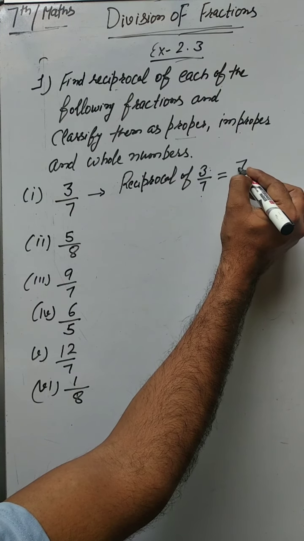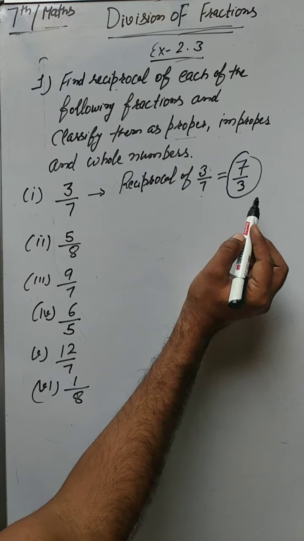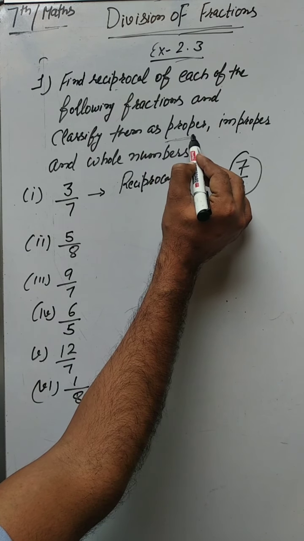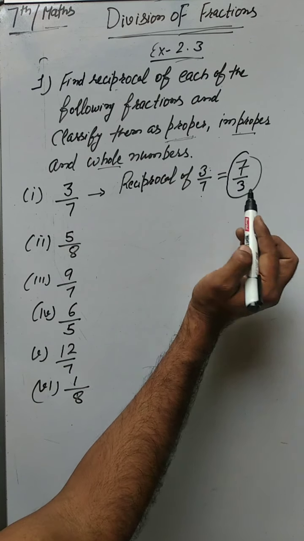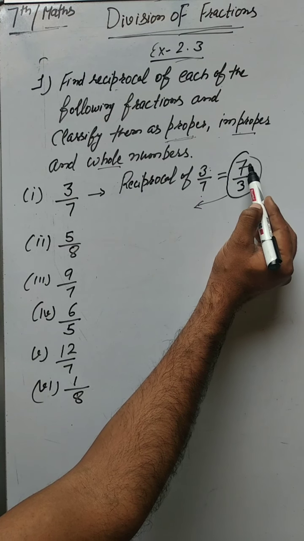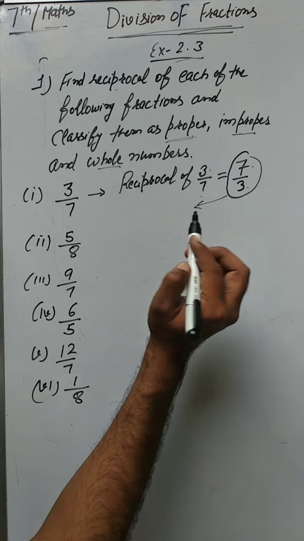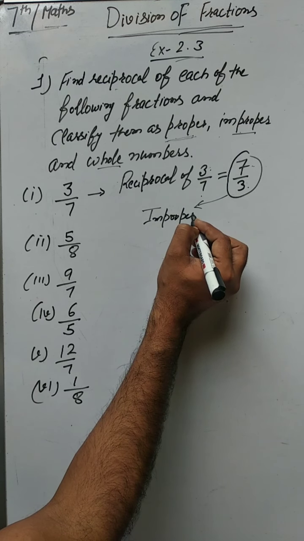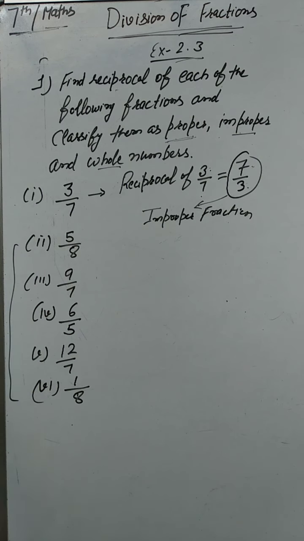Its reverse will be 7 upon 3. So this is the reciprocal. Now you have to tell whether the reciprocal is a proper fraction, improper fraction or a whole number. Now look here, which fraction is this? The numerator is greater than the denominator, so it is an improper fraction. Clear beta? Similarly you have to solve these parts of the first question.